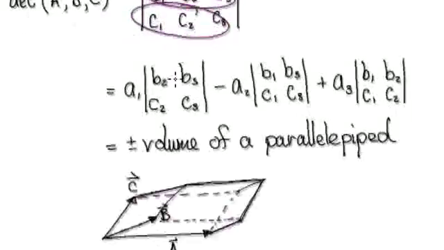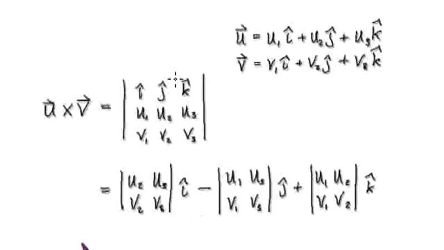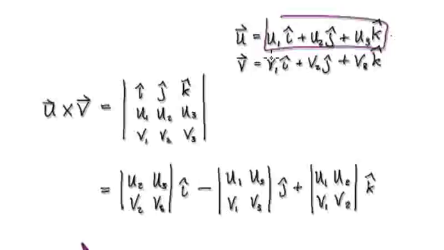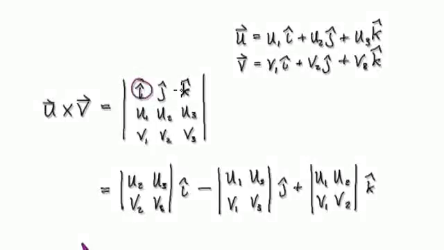So now to introduce you to the cross product. So here's a cross product. Let's say you've got a vector written in this form and another vector written in this form. Well, with the cross product, you have the unit vectors, and then these will be the components of vector u, and then the components of vector v.